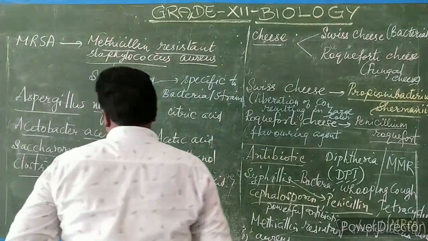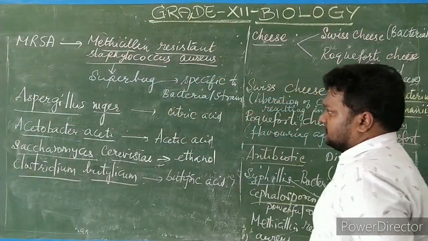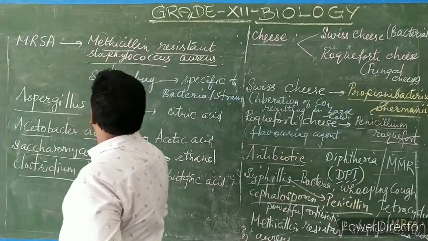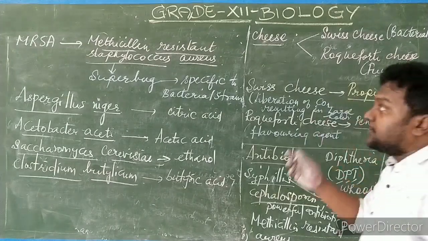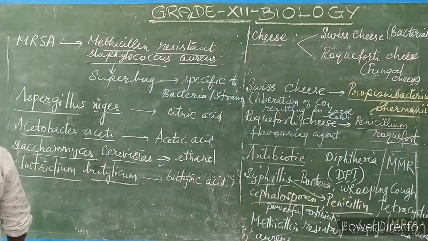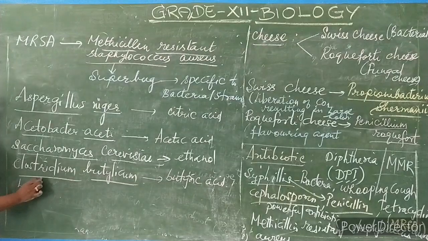So, what are the organisms? Aspergillus niger, citric acid. Acidobacter aceti, acetic acid. Saccharomyces cerevisiae, ethanol. Clostridium botulism, butyric acid. Previously we have studied lactobacillus.